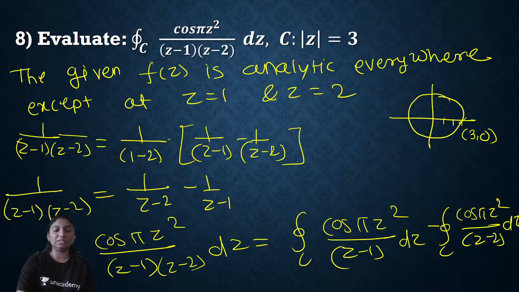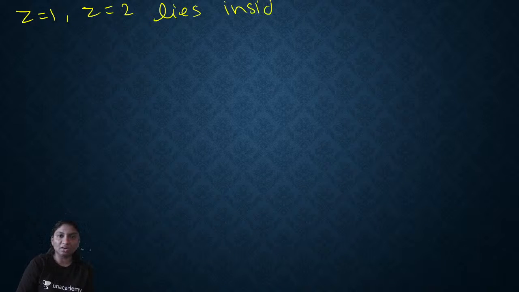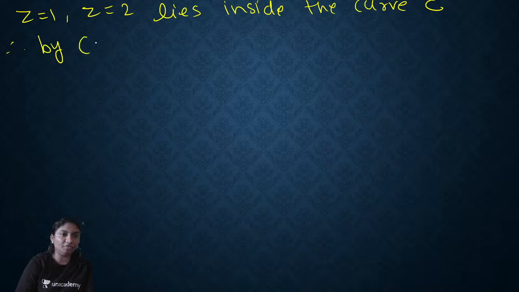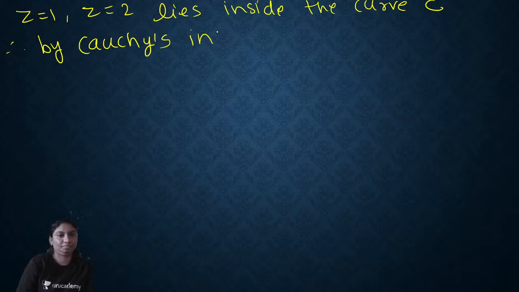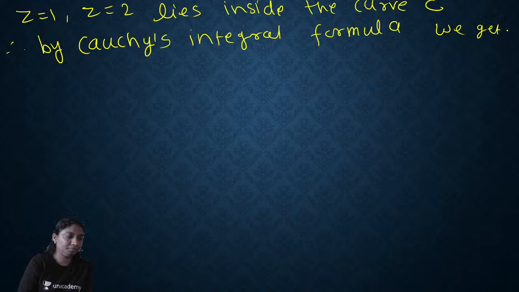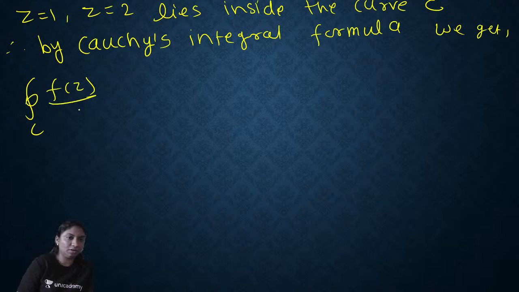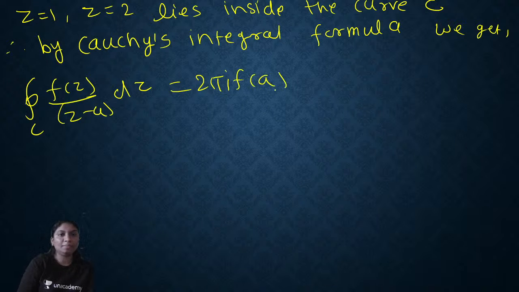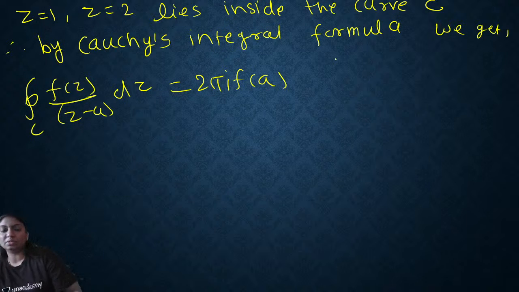Now evaluate the separated integrals. Z is equal to 1 and z is equal to 2 lie inside the curve C. Therefore, by Cauchy's integral formula, we get integral over C of f of z upon z minus a dz is equal to 2 pi I into f of a, because here z is equal to 1 and z is equal to 2 are poles of order 1 only.